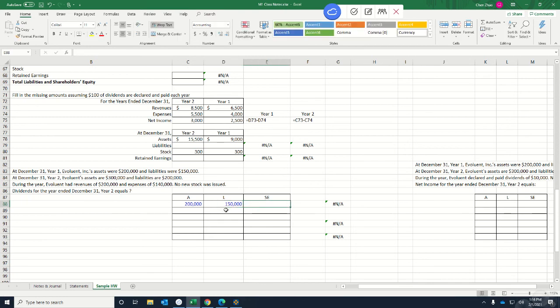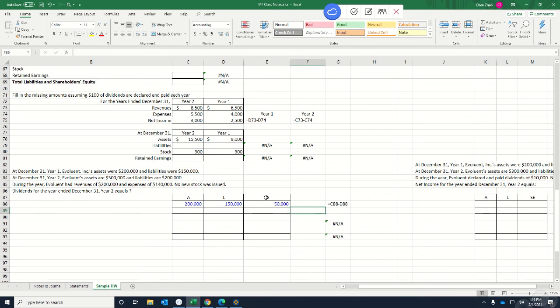And then what is shareholders equity for year one? 50,000, correct. We can do a function, A minus L, and the result will appear here.